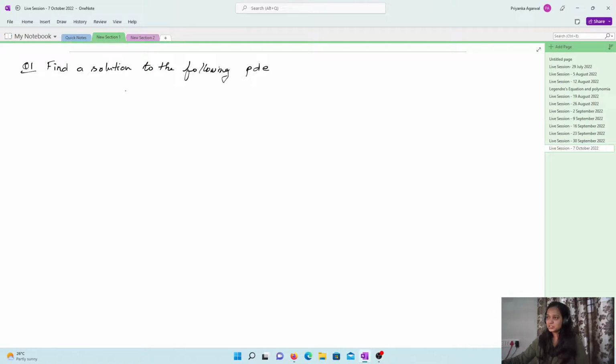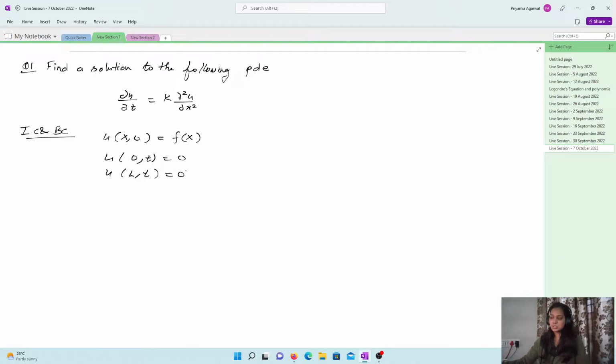So the partial differential equation is del u by del t equals k del square u by del x square, and we are given the initial condition and the boundary conditions, which are u at x comma 0 equals some function of x, and u at 0 comma t equals 0, and u at l comma t equals 0.